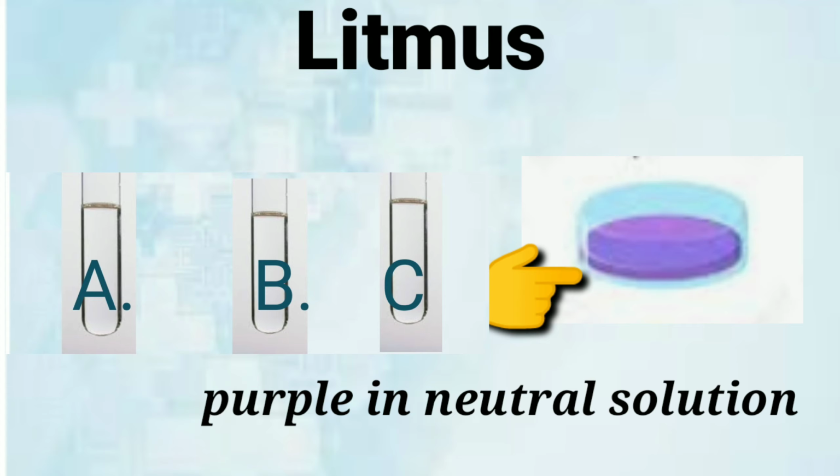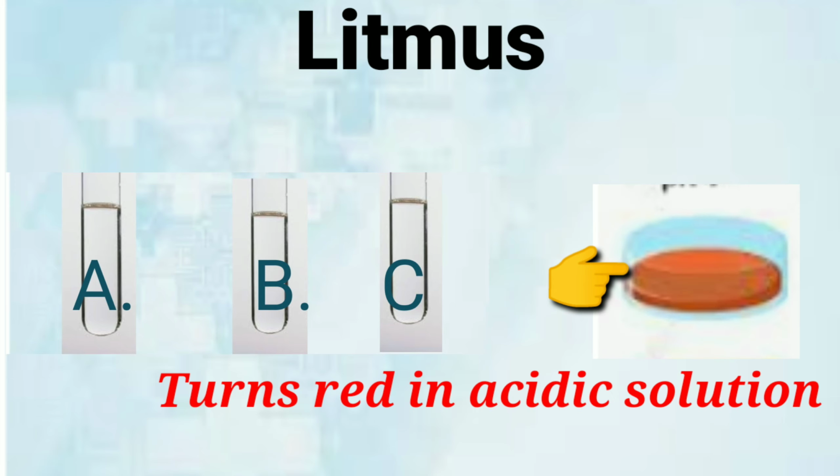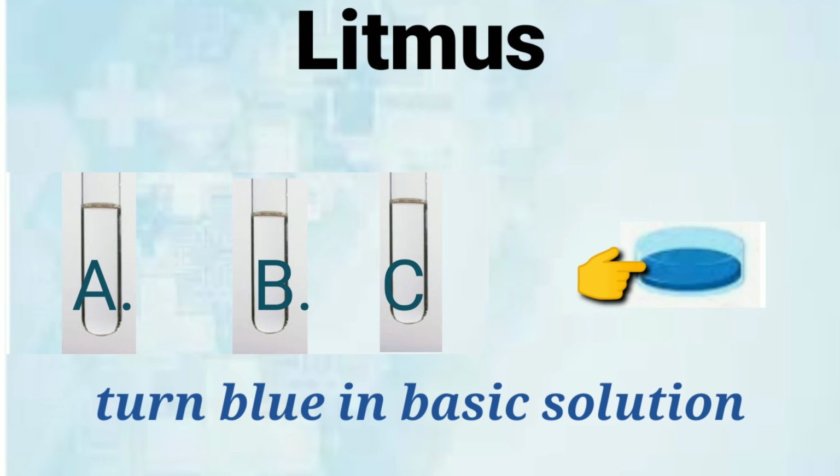The solution in which it turns purple will be the neutral solution, and the test tube in which it turns red will be the acidic solution, and the test tube in which it turns blue will be the basic solution.